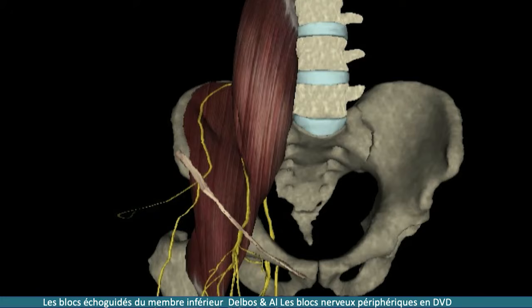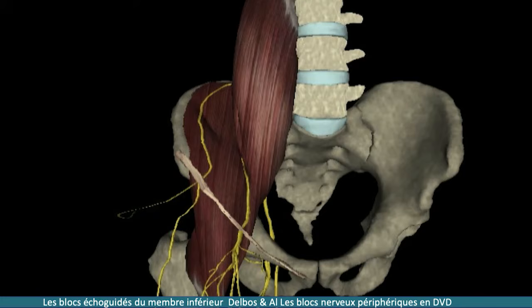The femoral nerve and the obturator nerve emerge from the lumbar plexus. The lumbar plexus is constituted by nerve roots L1, L2, L3, and L4. The femoral and obturator nerves run inside the psoas muscle and have a vertical direction into the pelvis.